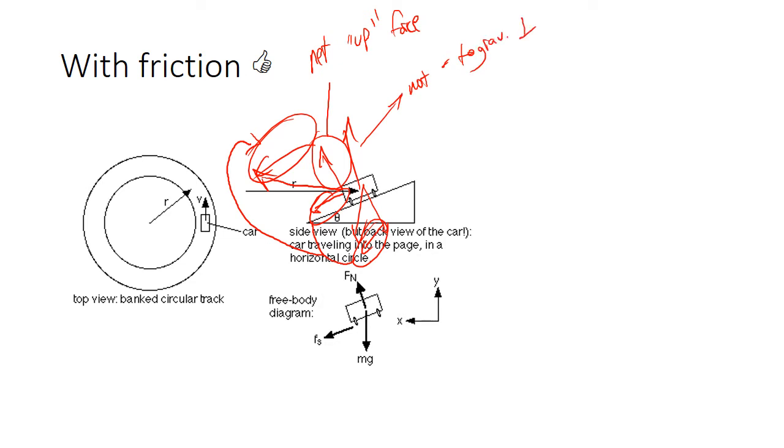This guy right here is not equal to this one. Your force normal is going to be bigger, because your net up force is going to be your force normal minus your force gravity perpendicular, because it's going up, right? So this one has to be bigger than this one.